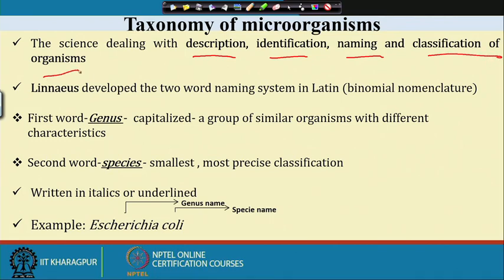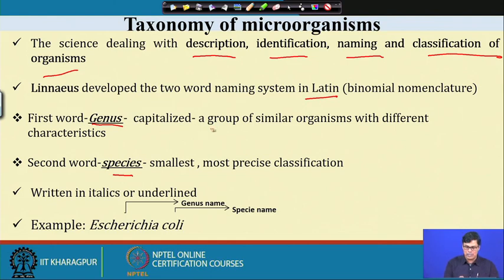So when you put the name, we take into account the description, identification, naming, and classification of the organism. Linnaeus developed two words, in Latin. One is called genus, another is called species.